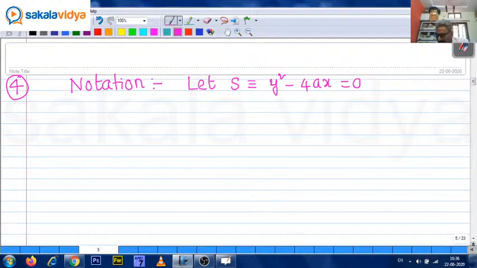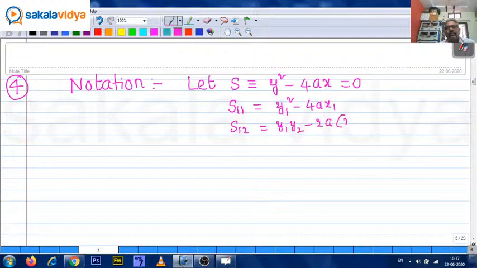Generally, most of the problems will be dealt with the standard equation of the parabola only, y square is equal to 4ax. Right. S is y square minus 4ax equal to 0. Next is S11. S11 means y1 square minus 4ax1. Don't equate to 0. Next S12. S12 is y1 y2 minus 2a of x1 plus x2.